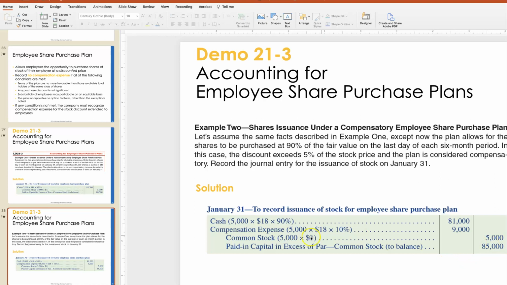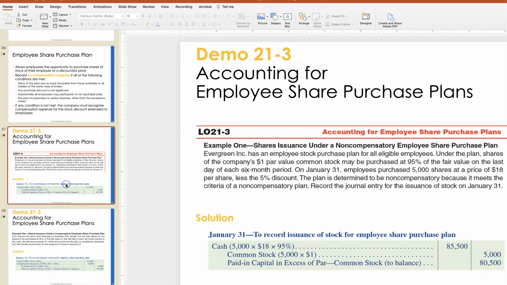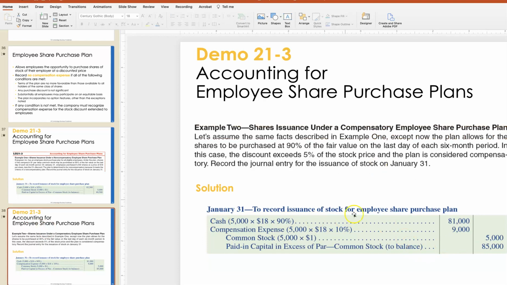So notice that what this impacts, if I compare it to the first entry, and granted these are different cash amounts because it's 90 versus 95, but in this first one there's no compensation, second one there is, and the difference between the two is the fact that we were offering it at greater than a 5% discount.